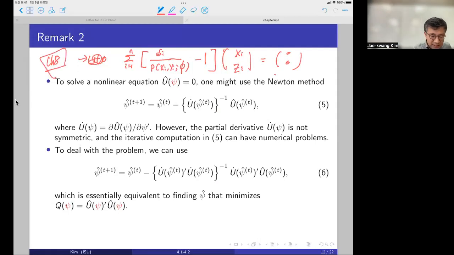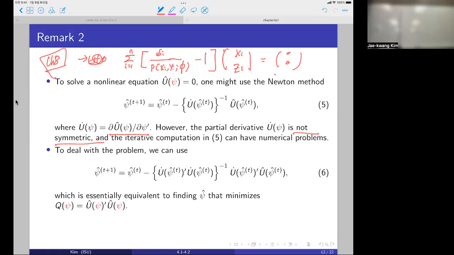But the point is that if this is non-symmetric, then you have a good chance that the matrix is not really invertible. So to avoid some numerical problems, you can symmetrize it. One easy way is that instead of solving this, you create a Q function, which is U prime U. And this function is now an optimization function.